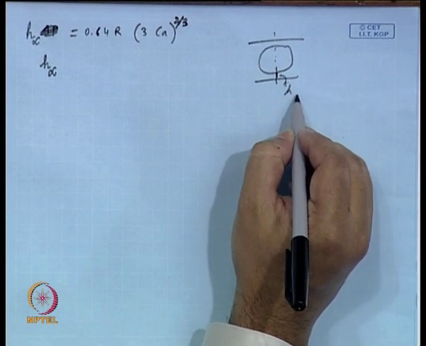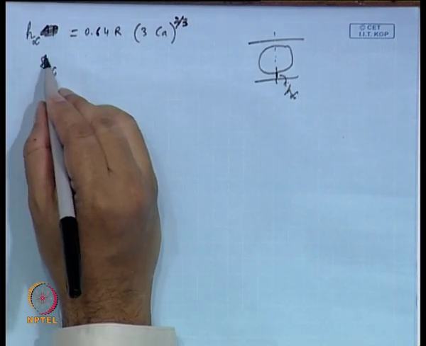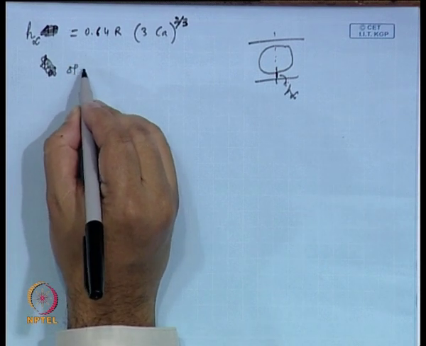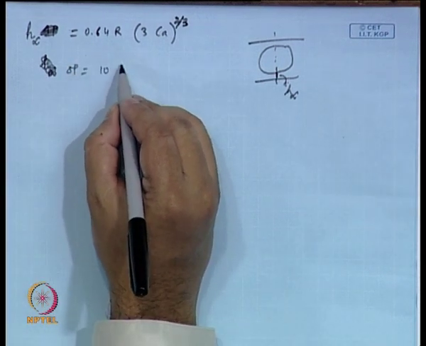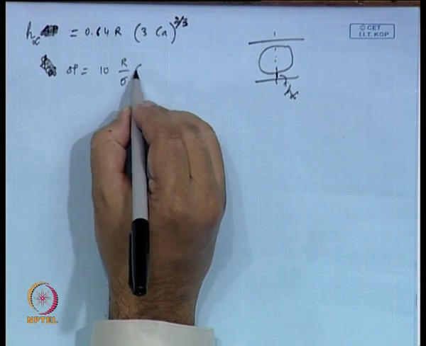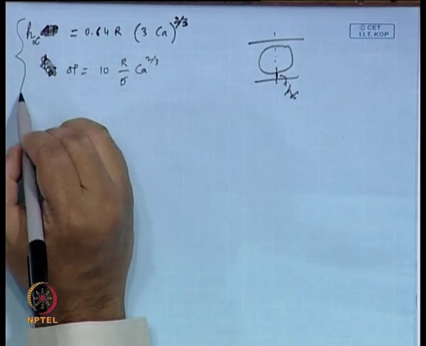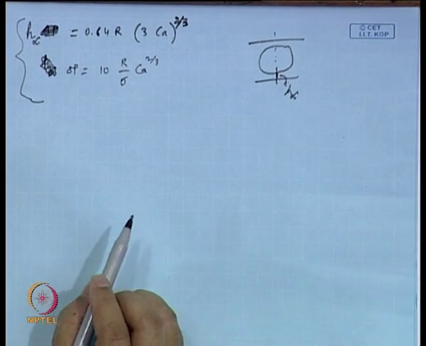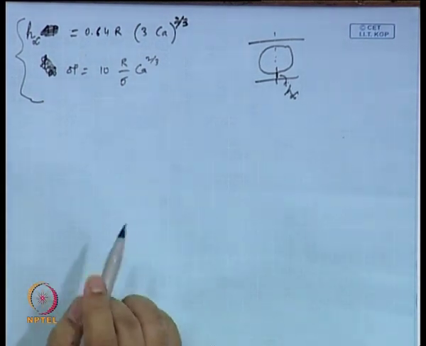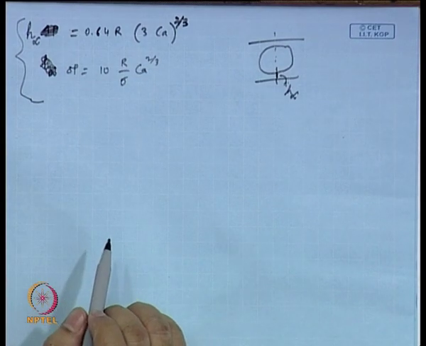Okay, this is the thickness H infinity, and it is equal to 10 R by sigma into capillary number to the power 2/3. This is the relationship that we had talked about in the last class.